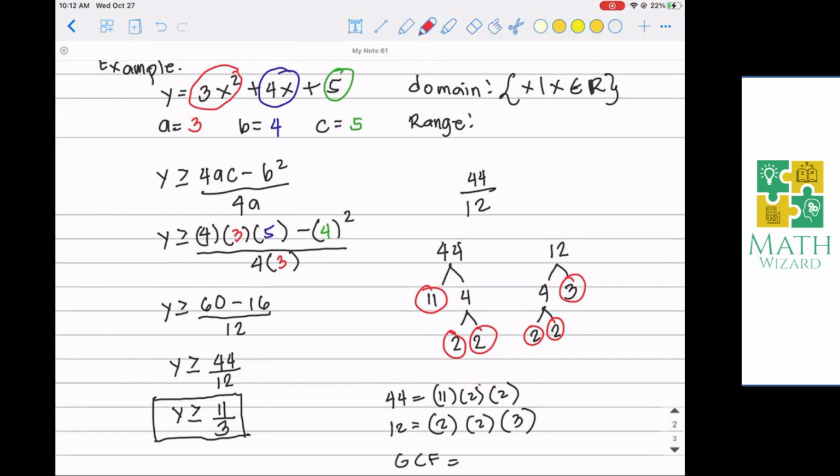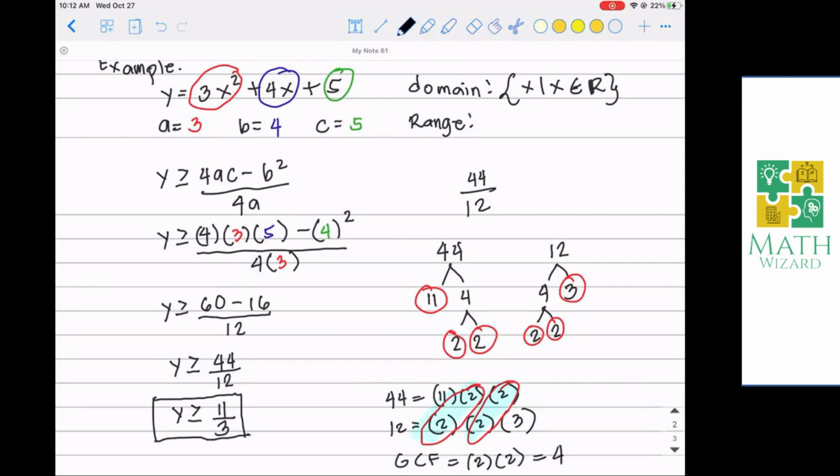The common ones are this 2 and this 2, each counted once. So 2 times 2 becomes 4.